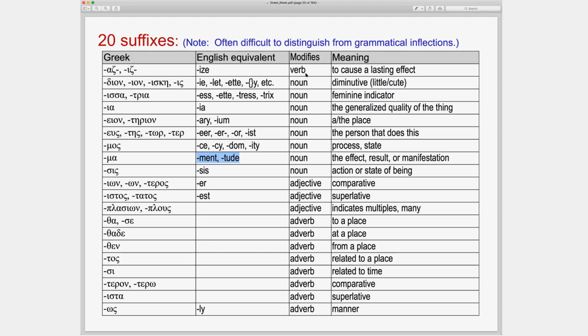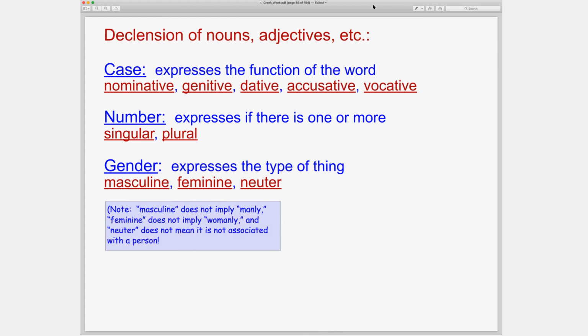An English equivalent would be something meant or something -ed. So some of these modify verbs, some nouns, and some adjectives, and some adverbs. Okay. Again, I'm not going to spend too much time right now on this because I want to go into grammar.